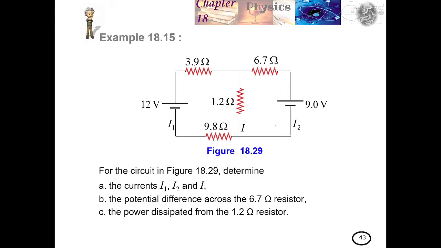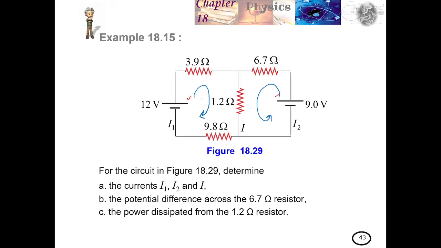Next example: we have two EMFs and resistors 1, 2, 3 and 4. Because we have two loops, the currents are I1, I2 and I. The first loop moves in this way, and the second loop in this way.